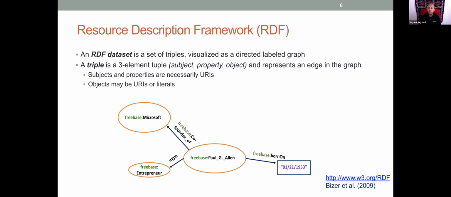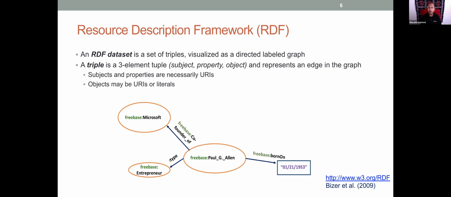Now, because this data model was designed for the web, in fact, the W3C, the World Wide Web Consortium, which is a very influential body that comes out with recommendations and specifications for the web, has a full specification on RDF, because this is a data model that is really designed to publish KGs on the web.